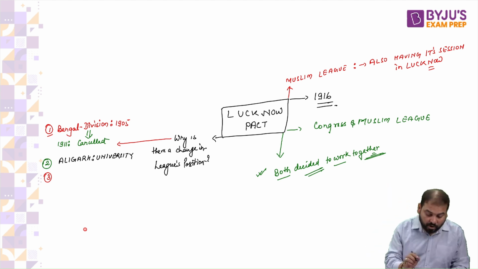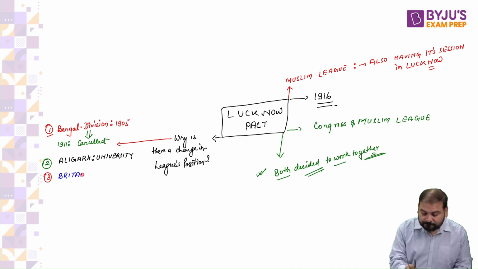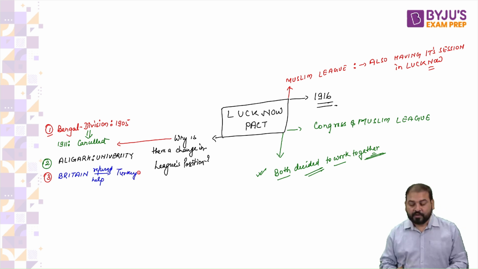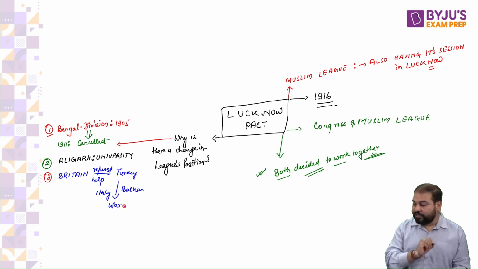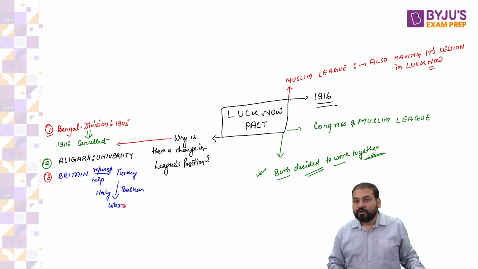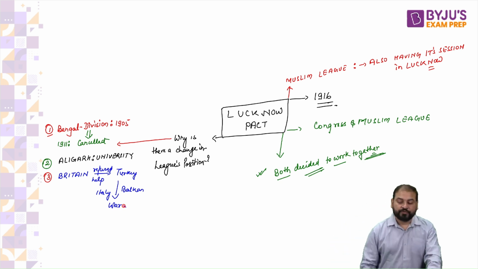Third, all of you, Britain refused help to Turkey when Turkey was fighting the war with Balkan and with Italy. All of you, who rules Turkey? Who is the ruler of Turkey, everyone?